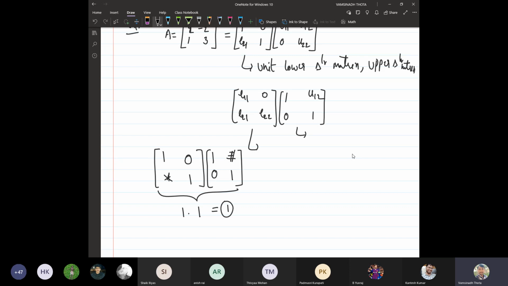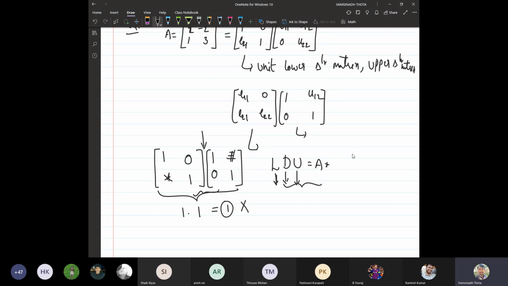So you are insisting that the determinant of A should be equal to 1, but that is not always true. But this can also be done by considering one more matrix in the decomposition. That is what we call LDU decomposition: unit lower triangular matrix, diagonal matrix, unit upper triangular matrix. This is also possible.